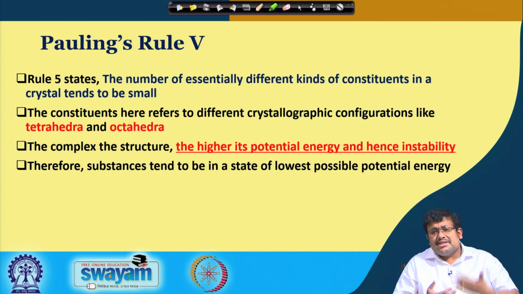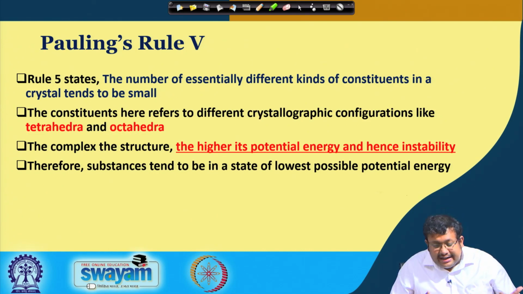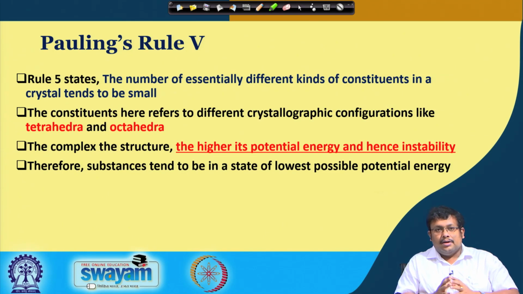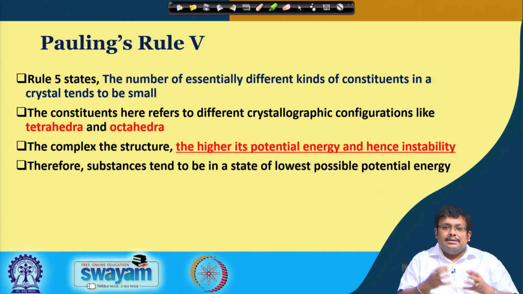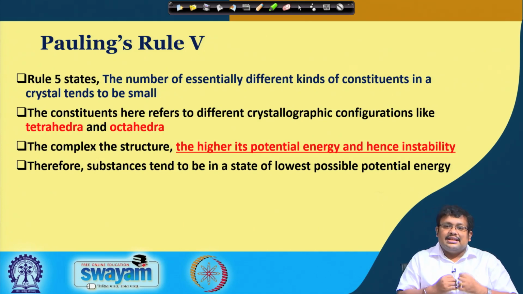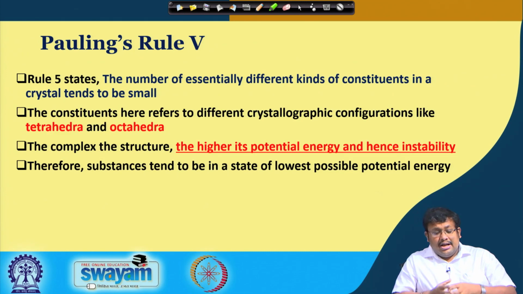Now, let us see the last rule which we will discuss today, that is Pauling's rule 5. Pauling's rule 5 says the number of essentially different kinds of constituents in a crystal tends to be small. Obviously the constituents here, by mentioning different constituents, basically means the configurations like tetrahedra and octahedra.